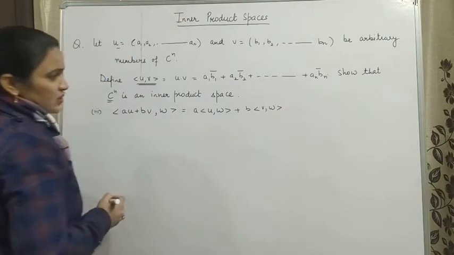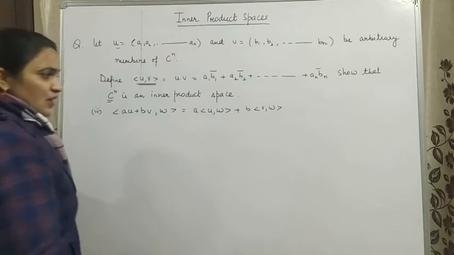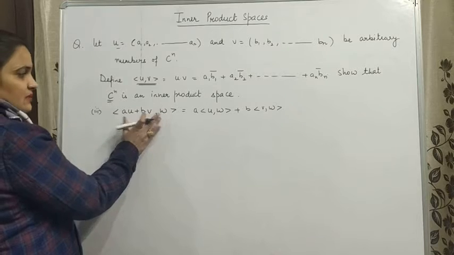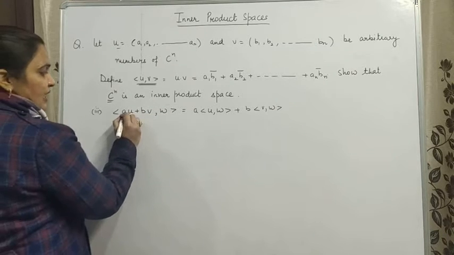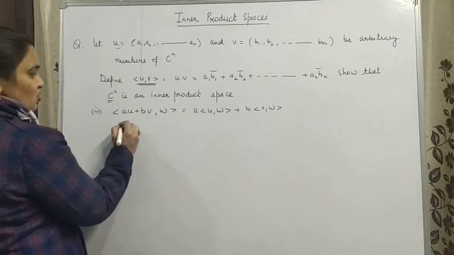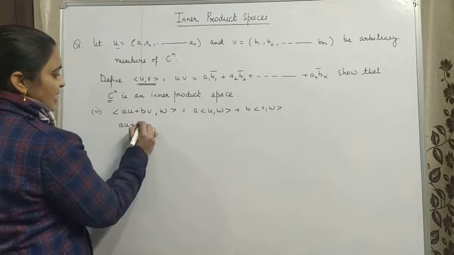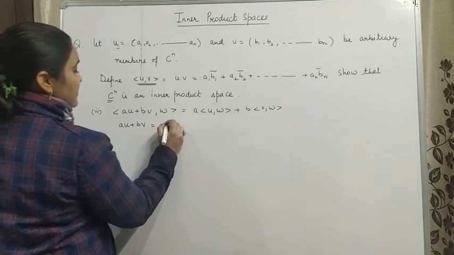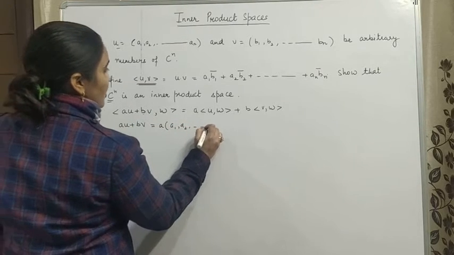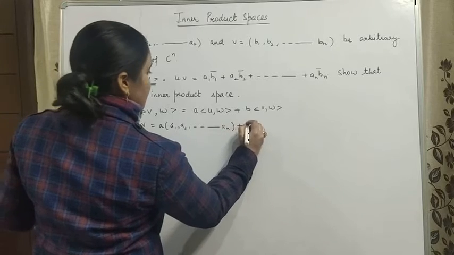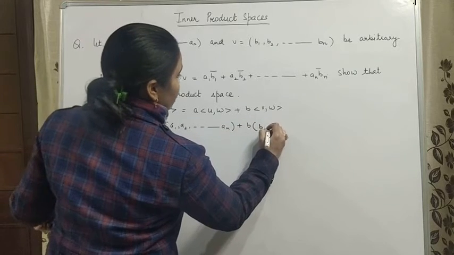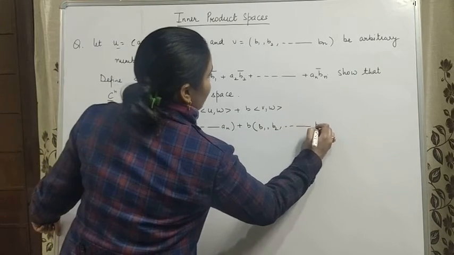Inner product of u with w plus b times inner product of v with w. Let us calculate this left hand side. So a and b are the scalars. So what is au plus b times v? It is a times a1, a2 up to so on an plus b times b1, b2 up to so on bn.